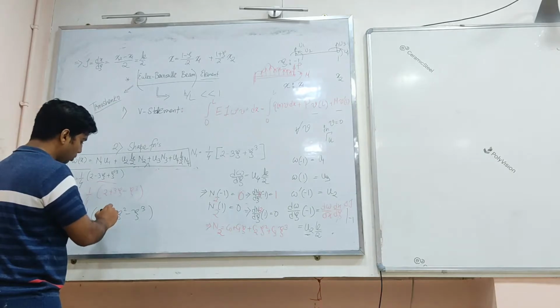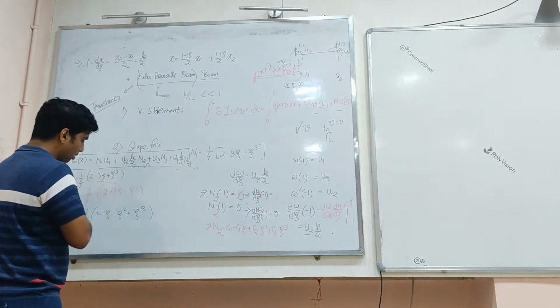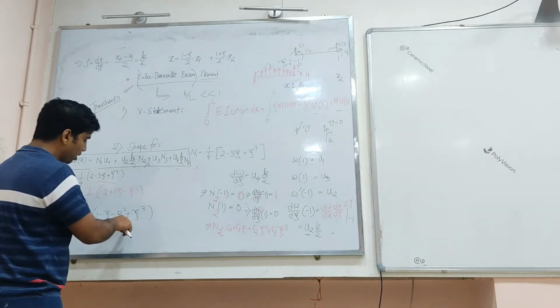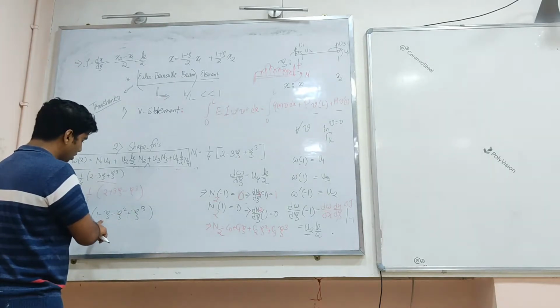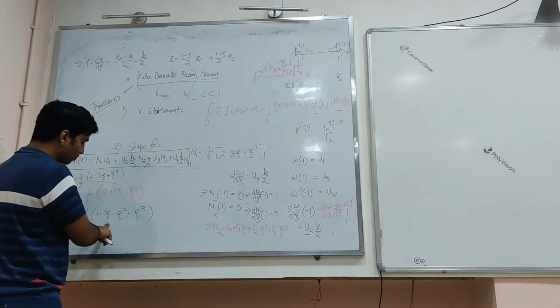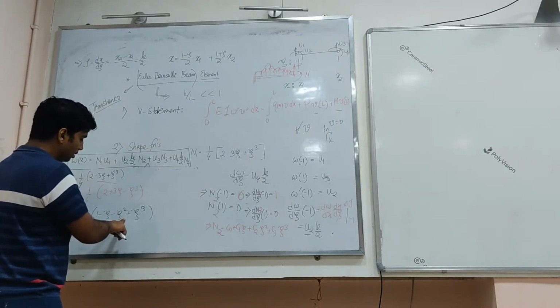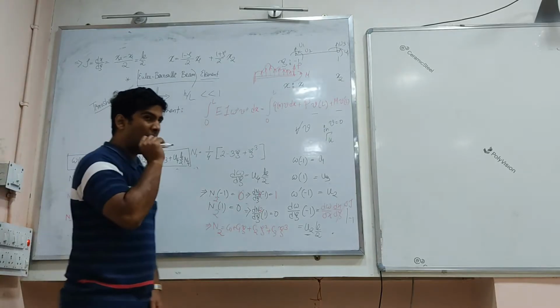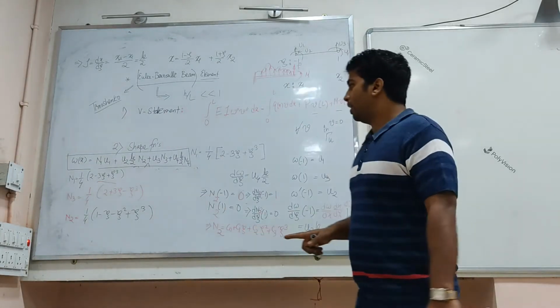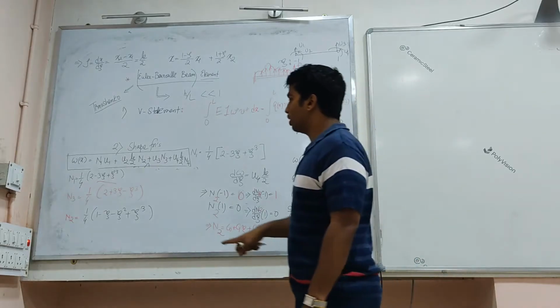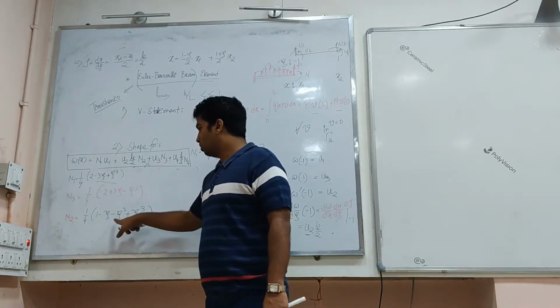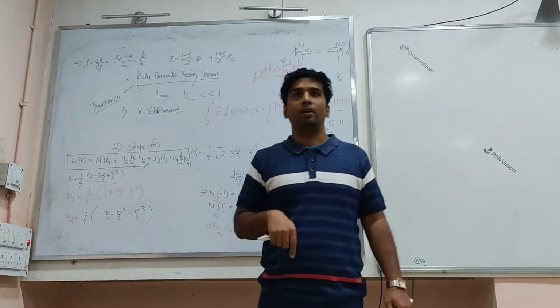So I'm supposed to get 1 minus xi squared plus xi cubed. If I take minus 1, 1 plus 1, 2, and then minus 1. But if I take 1, then what would happen? 1 minus 1 equals 0. Okay.